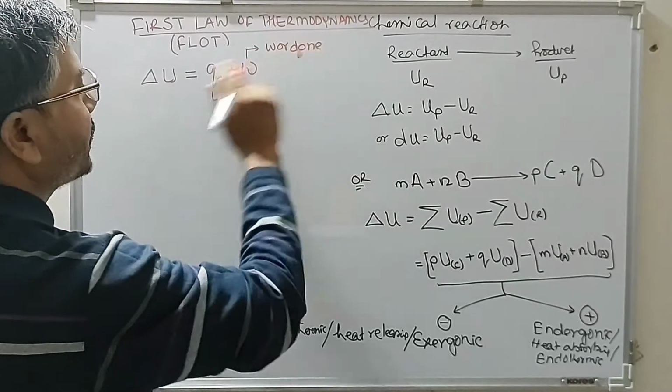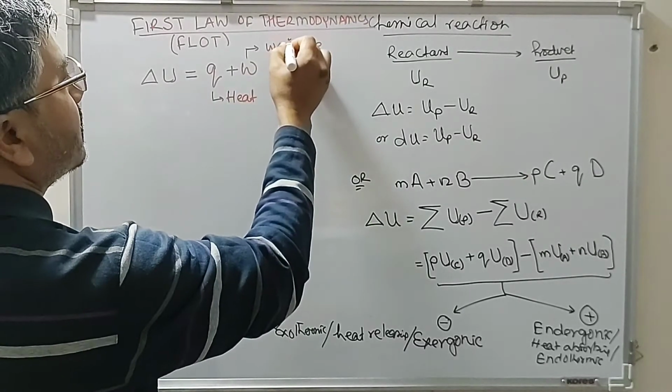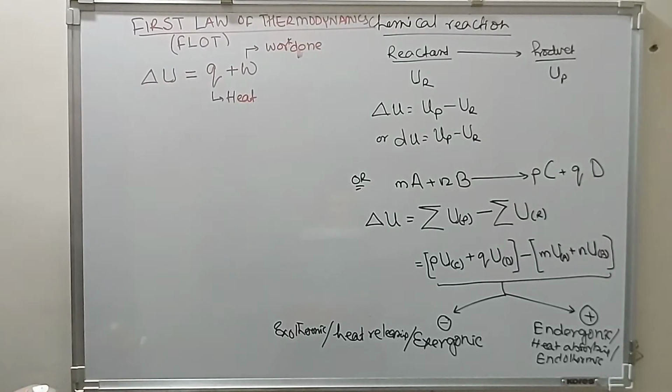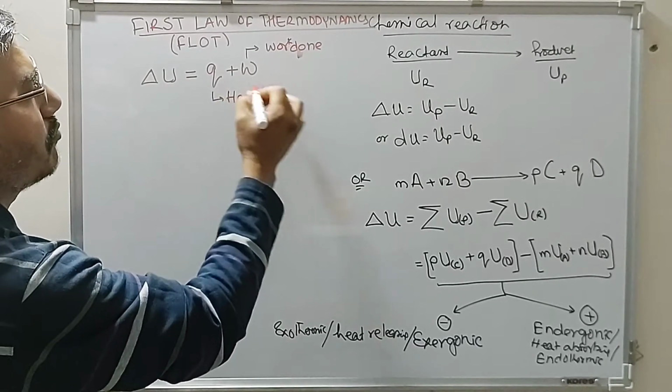So the summation of heat content and the work done represents a physical quantity which is known as the internal energy. And if you look at this, heat is a path function.